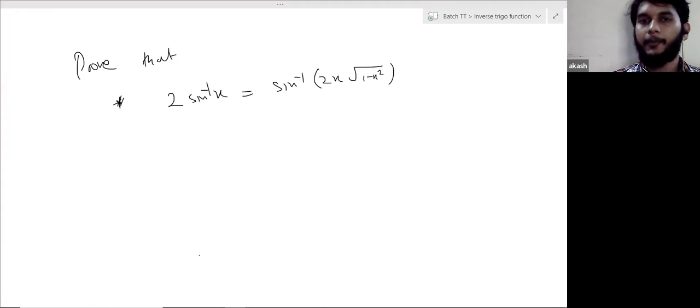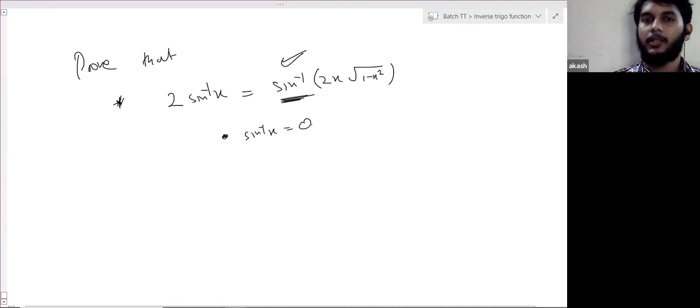Always look at the right side. What function have they talked about? They have talked about sine inverse. So assume sine inverse x equals theta, or sine inverse x equals sine theta. Now you have to use the formula of the function written on the right side. Which formula? Here, 2 sine inverse x, that means you have to use sine 2 theta.